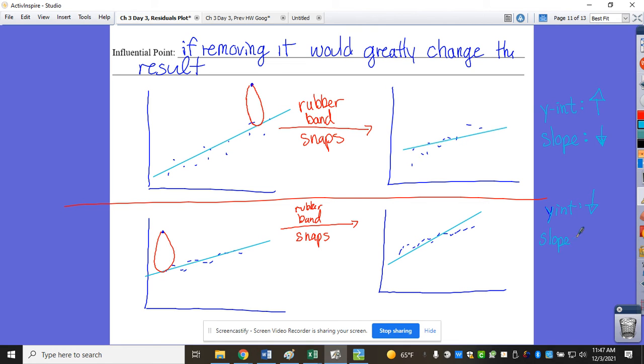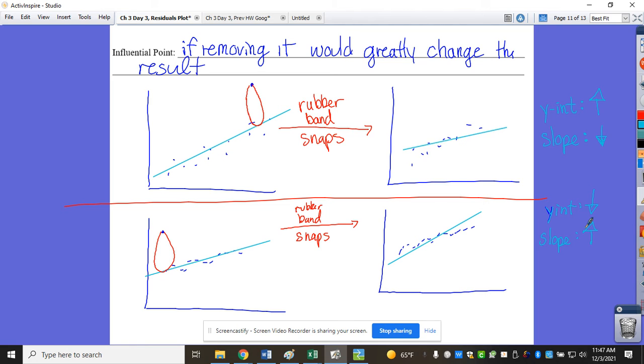So I can pull from any of my four corners. I could have an outlier or influential point here, here, here, or here. My slope can be positive, negative, or 0. So don't think of this as a rule. Actually think about what's going on and it should make sense.